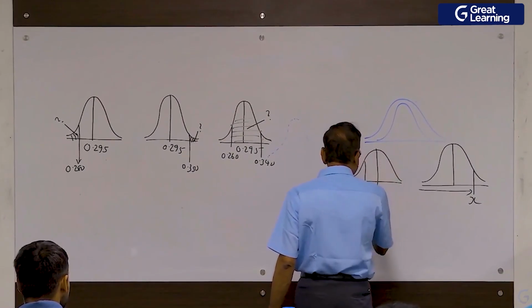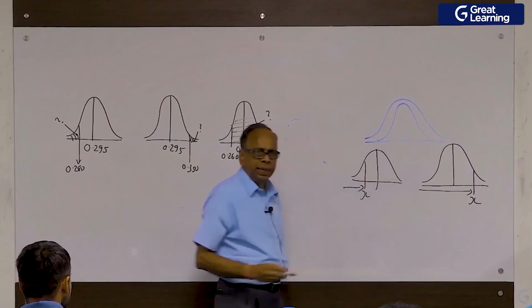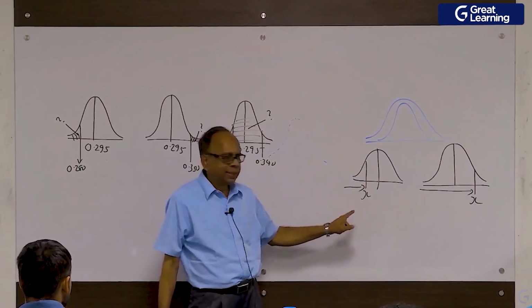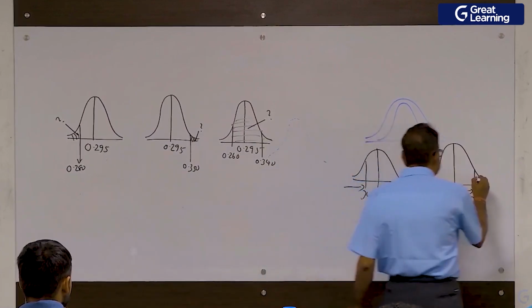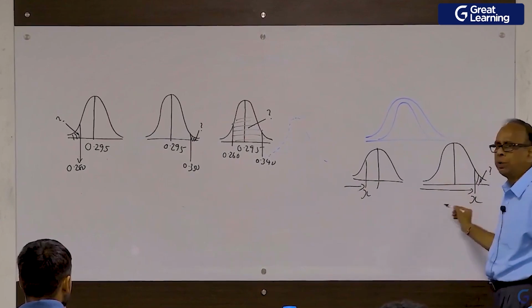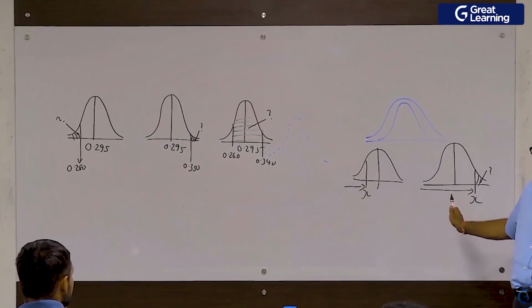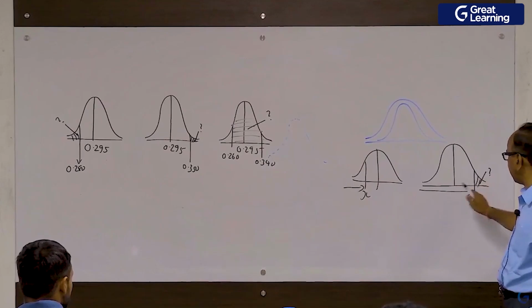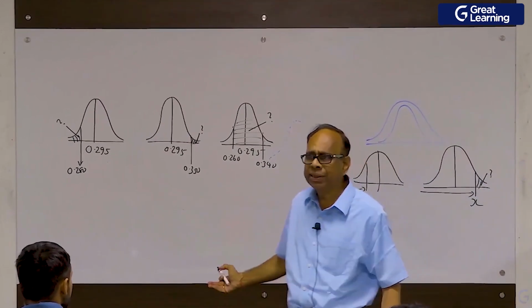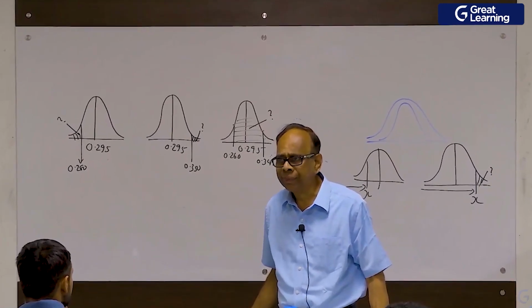In other words, when it is left of the median, it is straightforward. Suppose I want the cumulative probability for a value on the positive side, I will have to subtract from 1 the cumulative up to this. Of course, you can have a minus X here. One side is a mirror image of the other. But this is Excel's convention.